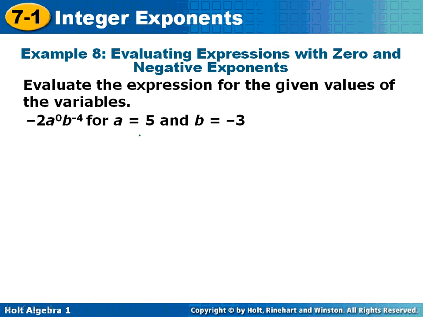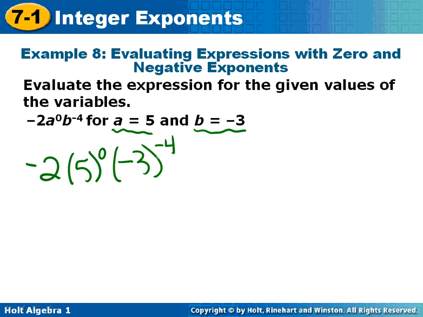Example 8. I'm going to plug in a is 5, b is negative 3. So negative 2, a is 5 to the 0, b is negative 3 to the negative 4. We're going to look at each piece of this separately. This negative 2 is a negative number. A negative number does not mean it goes on the bottom. This is just a negative 2, same as this is a negative 3. That negative exponent up there is going to make that part go on the bottom. The negative 2 is to the first power. If it's a positive exponent, it stays right where it is. A negative exponent changes places, and a 0 exponent is going to be 1.